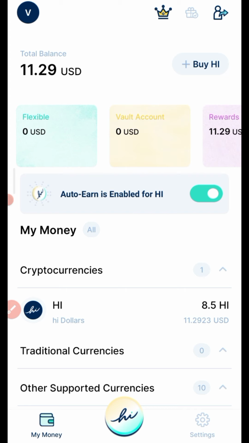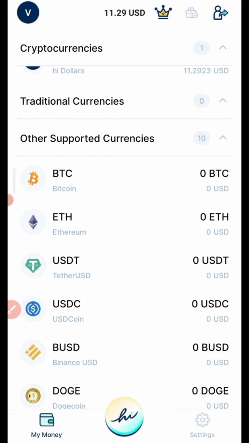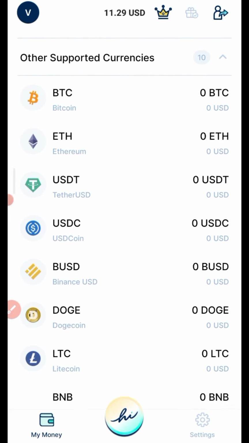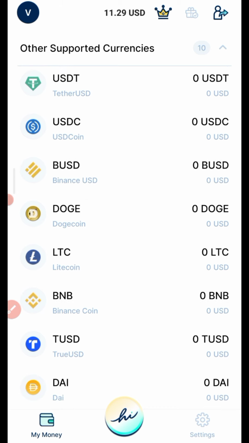Other supported cryptocurrencies. You see, there are other supported cryptocurrencies: Bitcoin, Ethereum, USDT, USDC, BUSD, Dogecoin, Litecoin, BNB, True USD, Daicoin. You see, this is also a wallet where you can store some of these other cryptocurrencies.